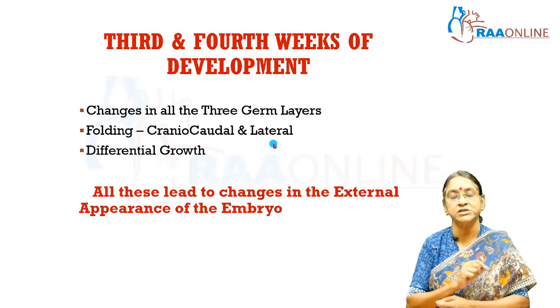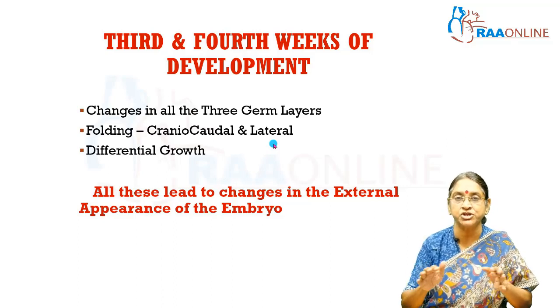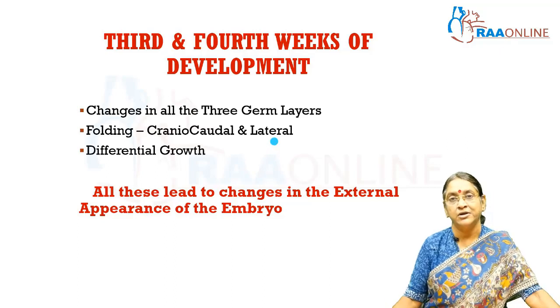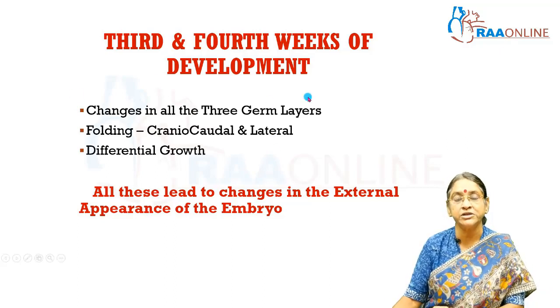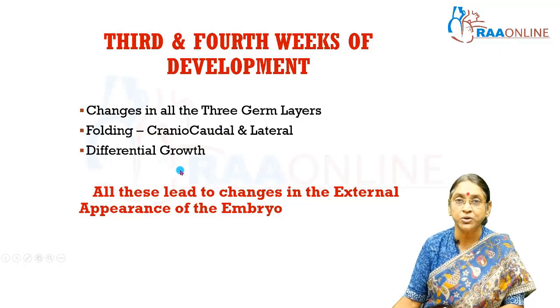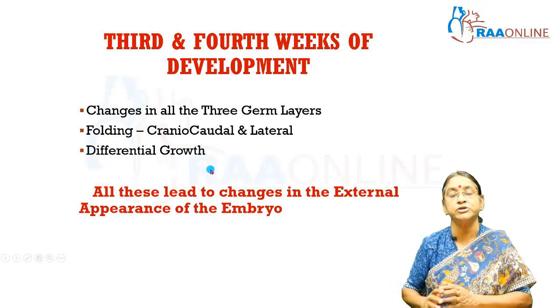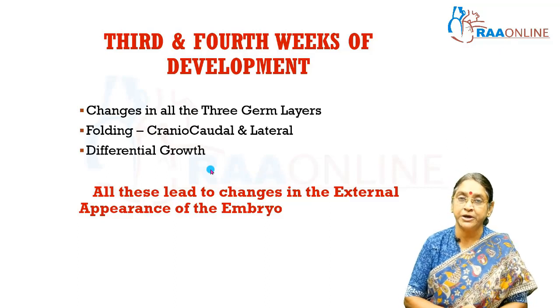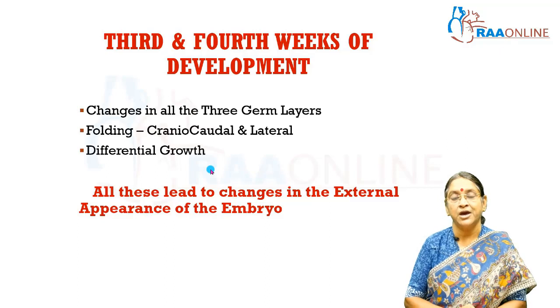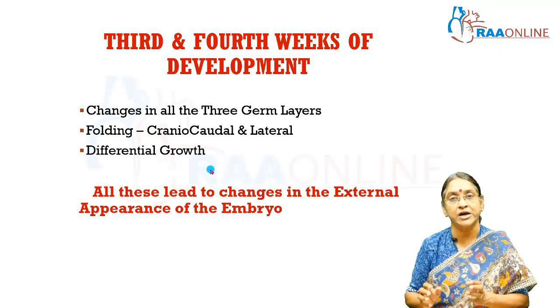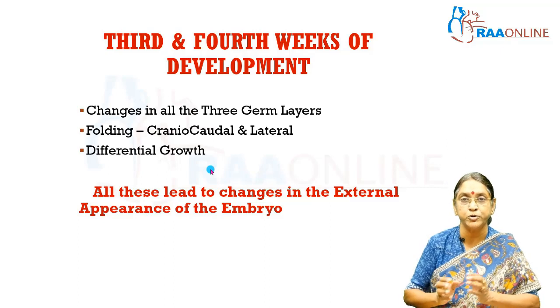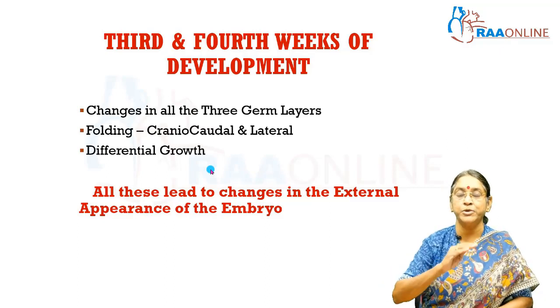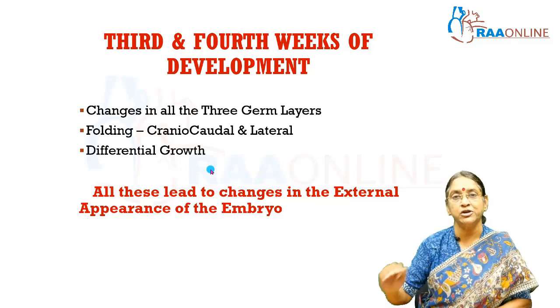As a consequence, there is folding, craniocaudal folding and lateral folding, and associated with all these changes, differential growth is also happening. The neural tissue is growing much faster when compared to the notochord or the mesodermal structures. Because the neural tube is growing faster, the ectoderm is getting pushed and has to accommodate, or clothe, the bulges of the neural tube.